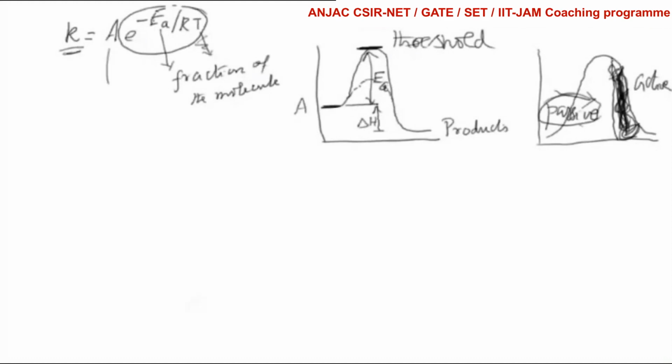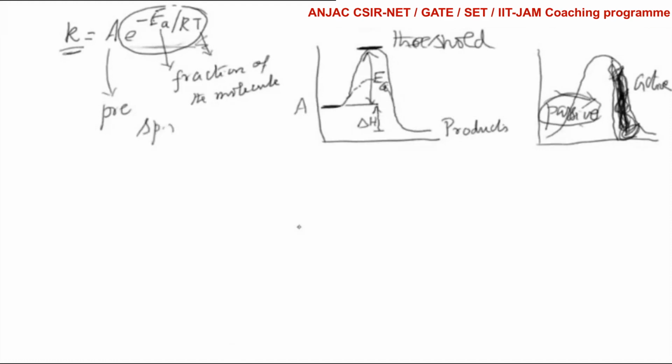And what is A? A is called the pre-exponential factor, the factor present before the exponential term. It is also called the frequency factor or specific rate constant.